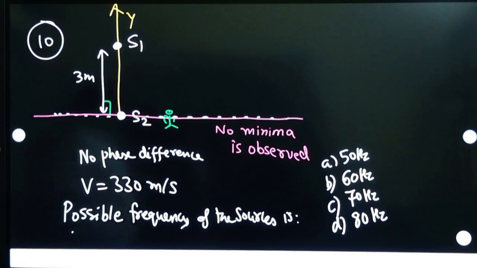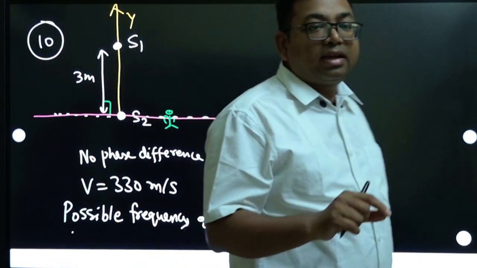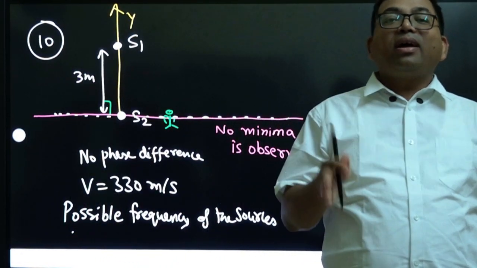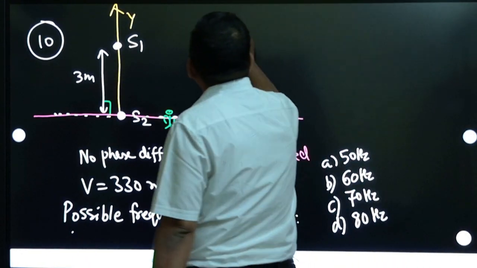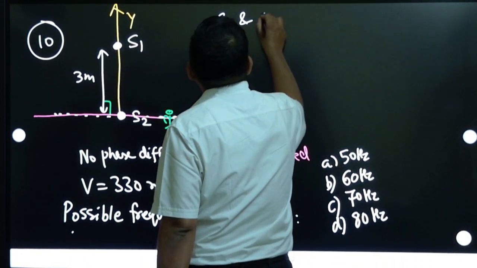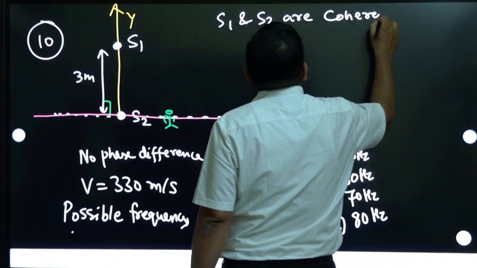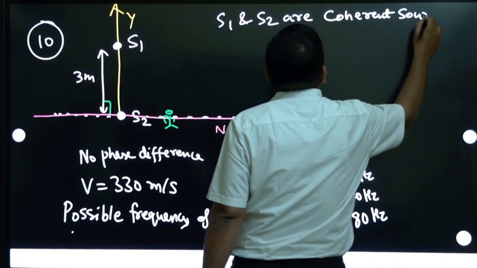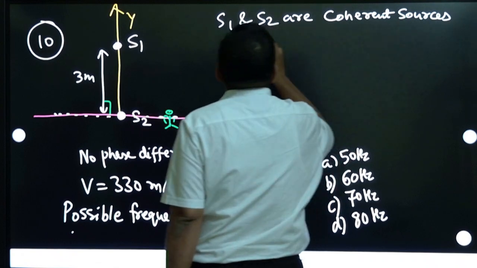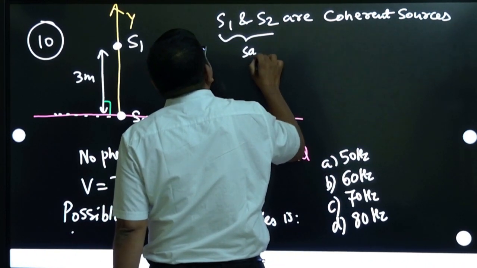And note that in the question they have also said that the two sources are coherent. Two sources S1 and S2 are coherent sources. Coherent sources itself means that they have the same frequency.